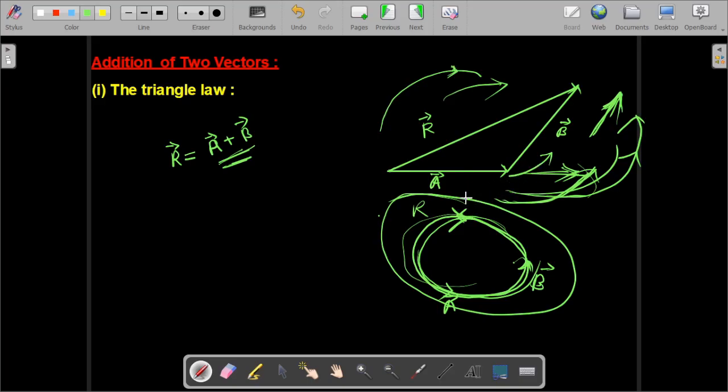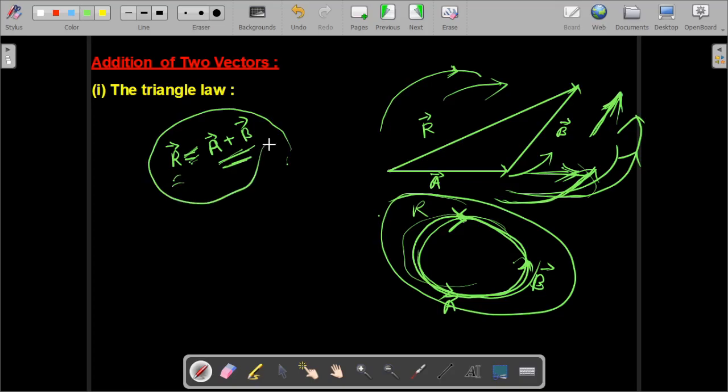Add these two vectors rotating in the same direction, put an equal sign, and on the opposite side put the vector rotating in the opposite direction.